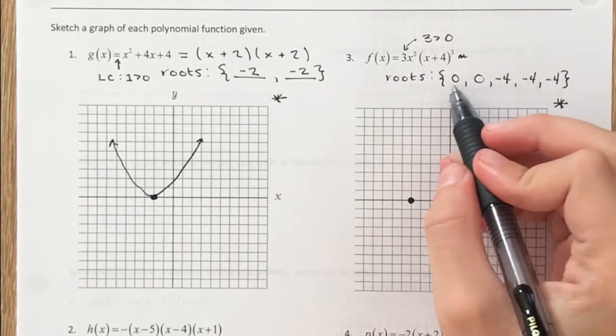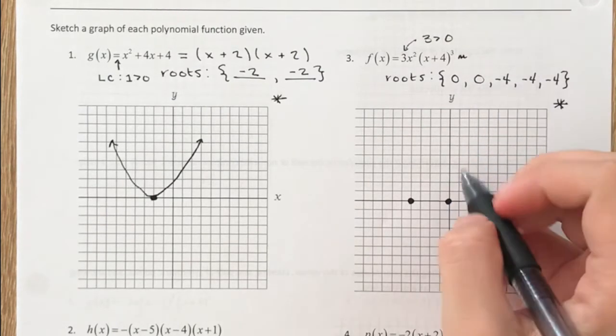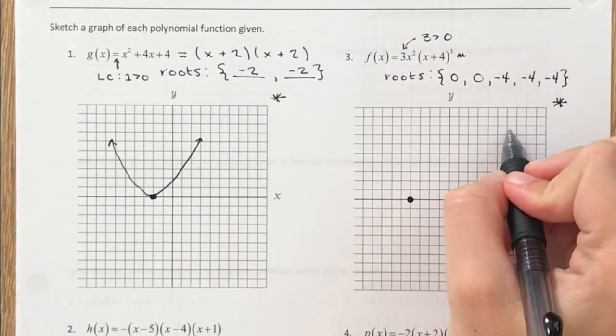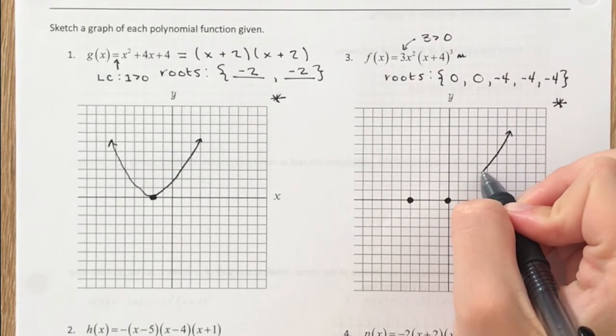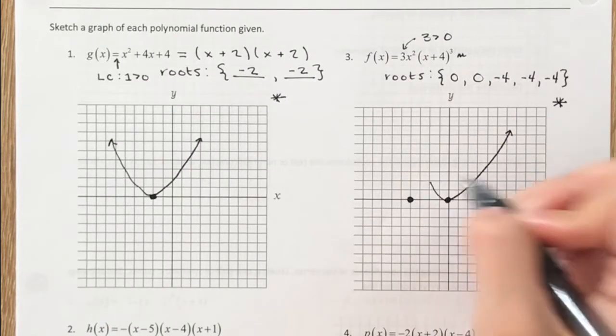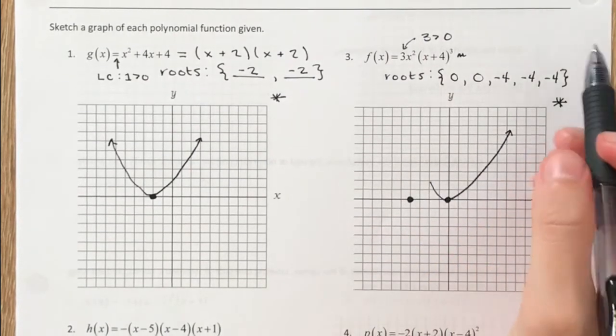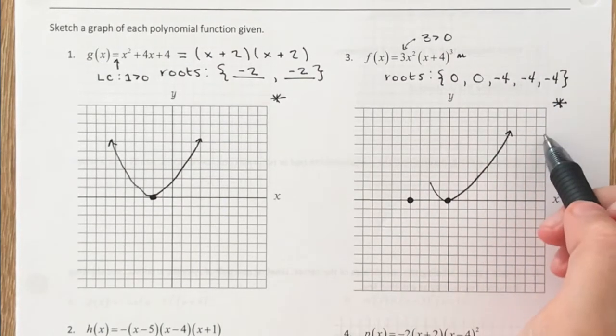Okay, so what is the graph going to look like at 0? Well, at 0, we have a multiplicity of 2, which means it's going to look like a parabola close to that point. So we know that we're starting up here, so we can kind of come down, and as we pass through that point, we have a parabola shape, so we kind of bounce back up. Then when we get to -4, what's the multiplicity of -4?